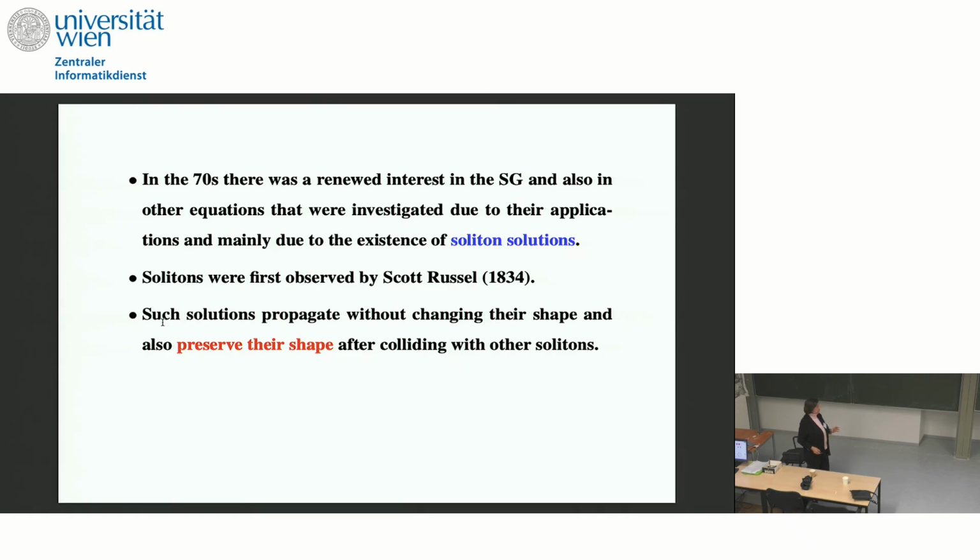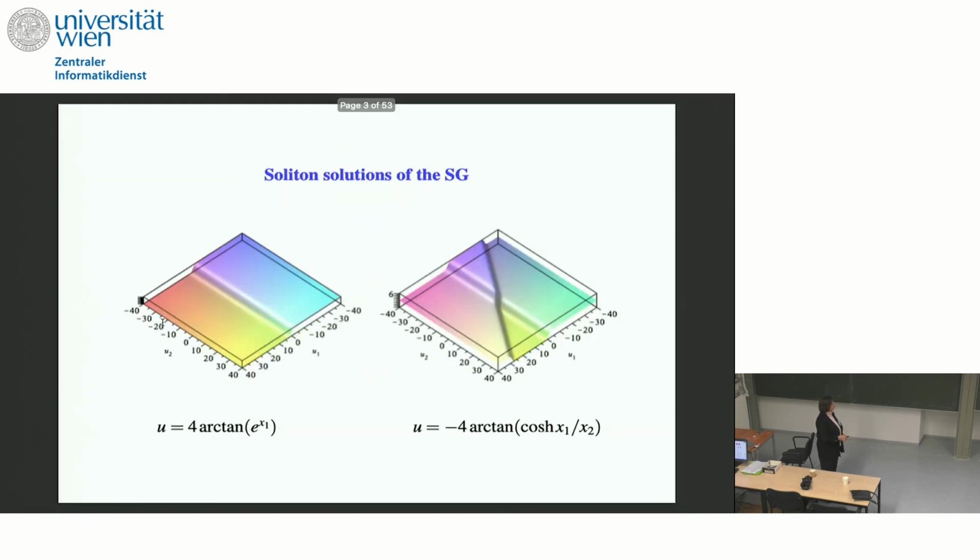These solutions were observed by Scott in 1834, and they have the property that they propagate without changing their shape, and even after they collide with other solutions of the same type, they keep their shape. You can see this in the first example that I showed you on the right-hand side: two solutions colliding, and then they go on after the collision, keeping their shapes.